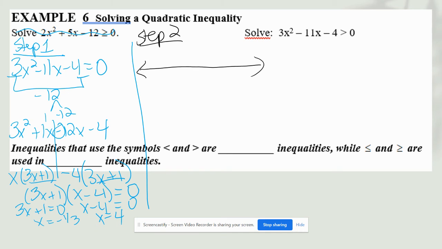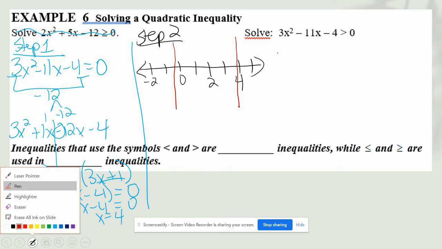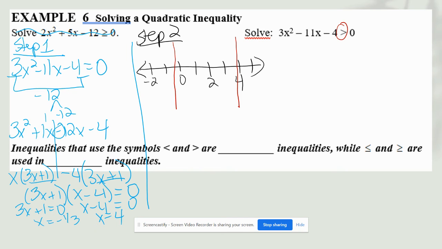Put this out on a number line just to get a feel for where our boundaries are and where our testing should go. Let's see, -1/3 is roughly about right there. Positive 4. So writing our intervals, this is not equal to, so they will be parentheses.